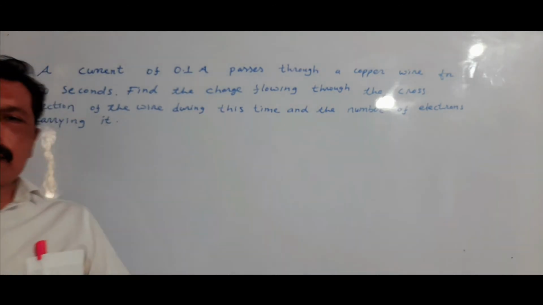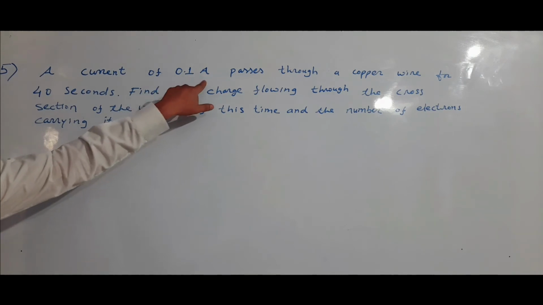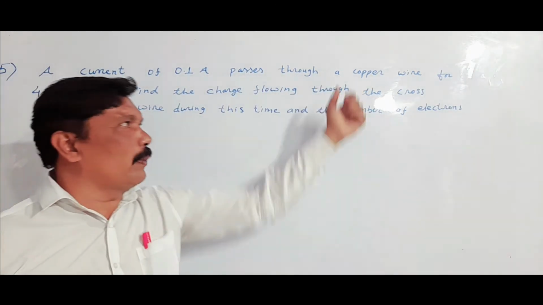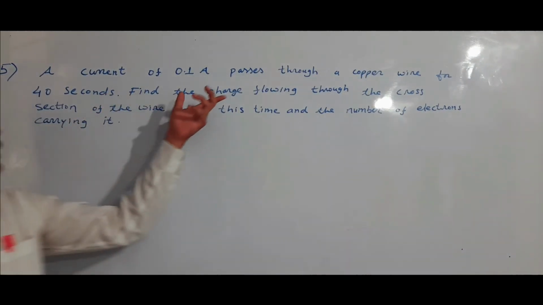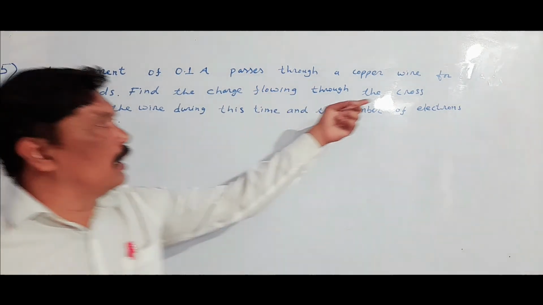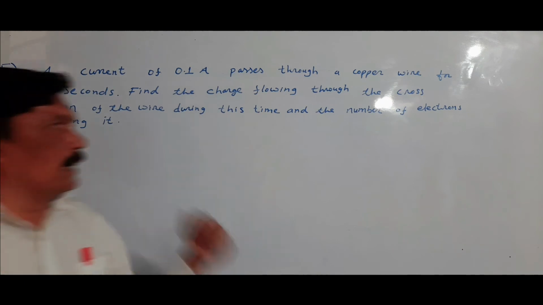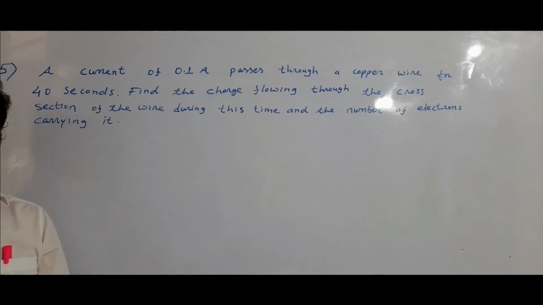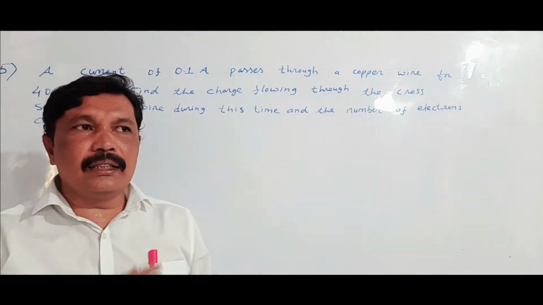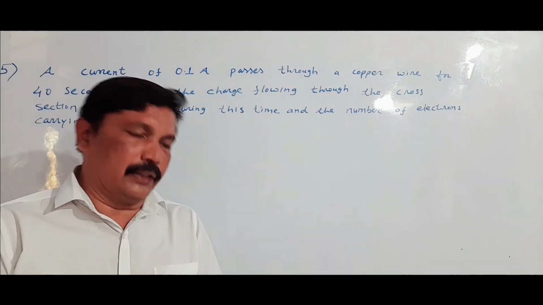Let's have brainstorming over the problem first. A current of 0.1 ampere passes through a copper wire for 40 seconds. Find the charge flowing through the cross section of the wire during this time, and the number of electrons carrying it. So we have to find charge and also the number of electrons flowing through it.